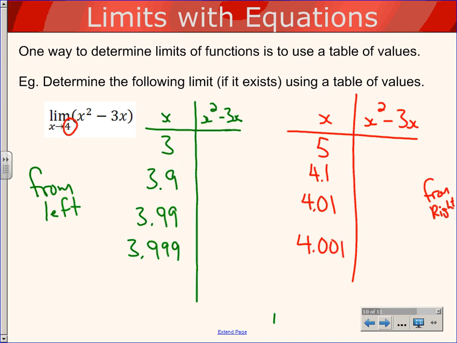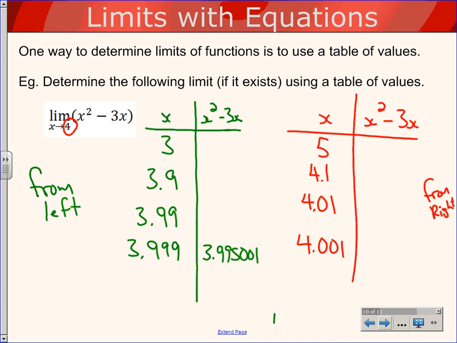And all we're going to do is sub those values in. Now, to make more complete notes, you should probably sub in all of those. I'm going to save a little bit of time, though, if that's okay with you guys. I'm going to jump right to the last one, and hopefully I put it in the calculator okay. For this one here, I got 3.995001.